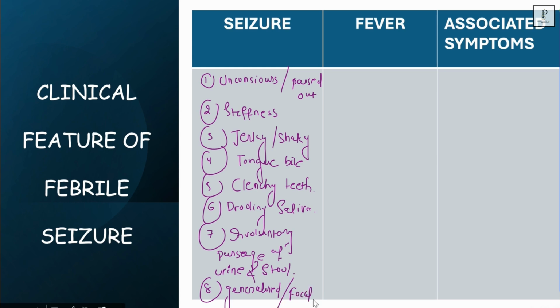When it is generalized symptoms, we call it generalized seizure. If it's focal, we call it focal seizure. Then next comes fever. Regarding fever, we need to ask whether it is high fever or low grade fever. If febrile seizure develops at low grade fever, then the chances of future febrile seizure recurrence are high.